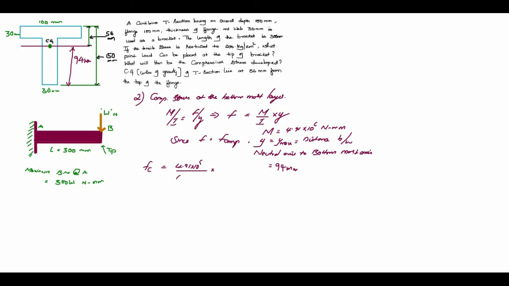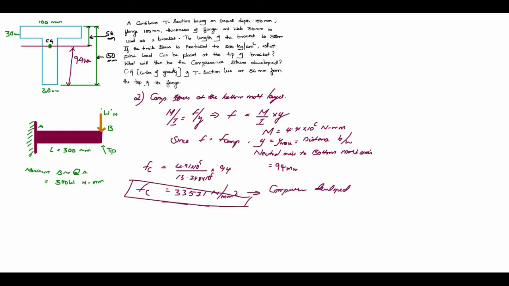That is 13.748 into 10 to the power of 6, which gives the value of 33.571 Newton per mm square. So this is the compressive stress developed. This is the value that is developed in the bottommost layer, right?